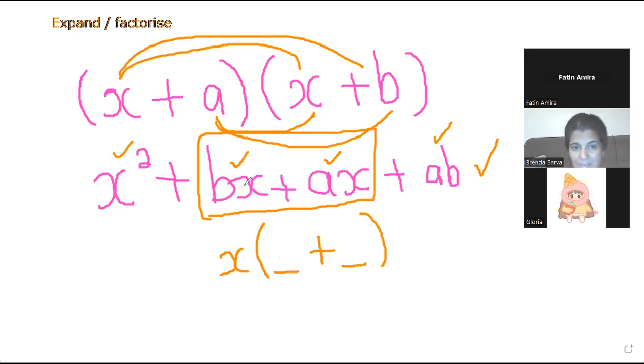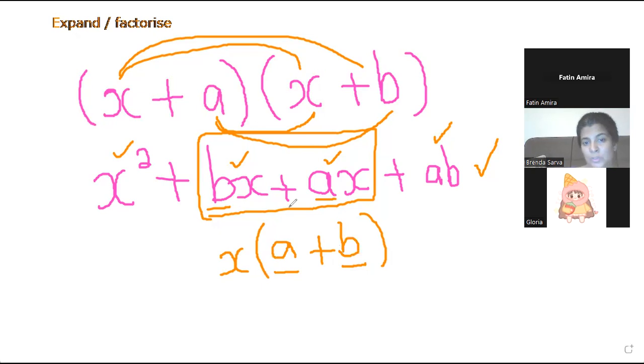Do you see that? I factor out the x. I am only left with b and a. And instead of writing b and a, I just put a plus b. It doesn't make any difference. 1 plus 3 and 3 plus 1 is the same.